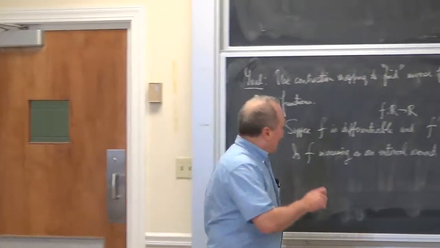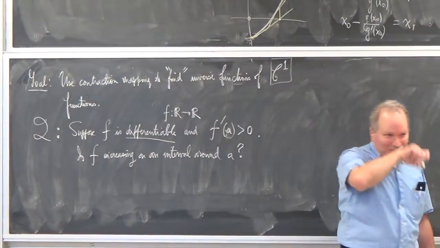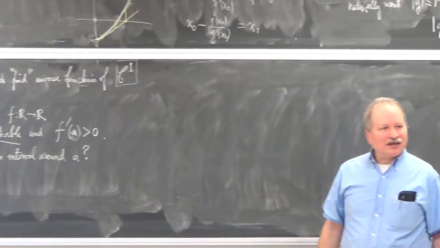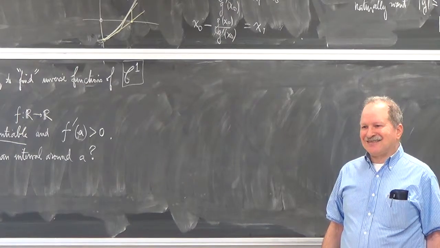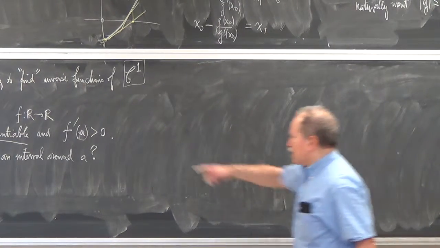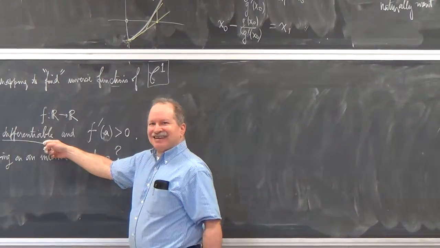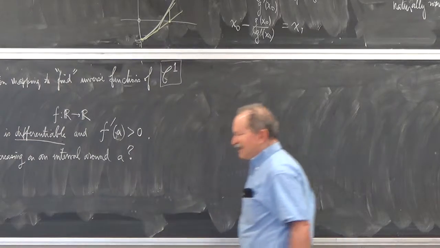I did not say C1 here. I said f is differentiable. Is it true that if you're headed uphill, then you're an increasing function nearby? We could have like a step. It's differentiable. Apparently not.